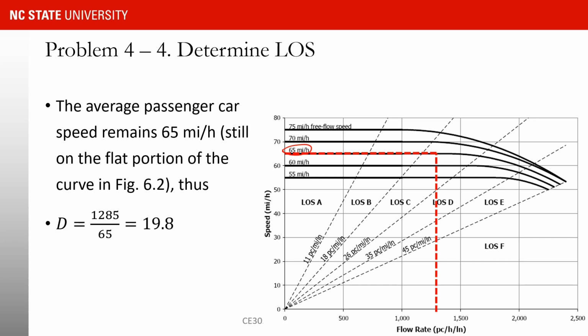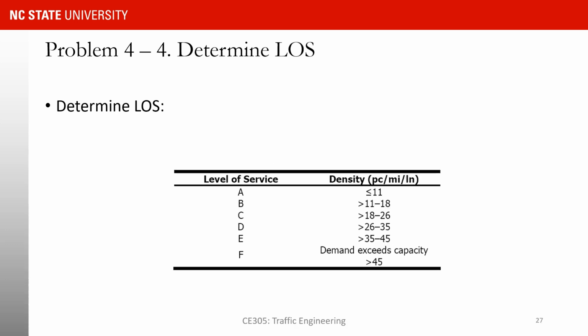So now we can find density. It is flow rate divided by speed. 1285 by 65, it is 19.8. So that's going to be our density. And as a result, when you go to the table, you would find out that our level of service is going to be C.